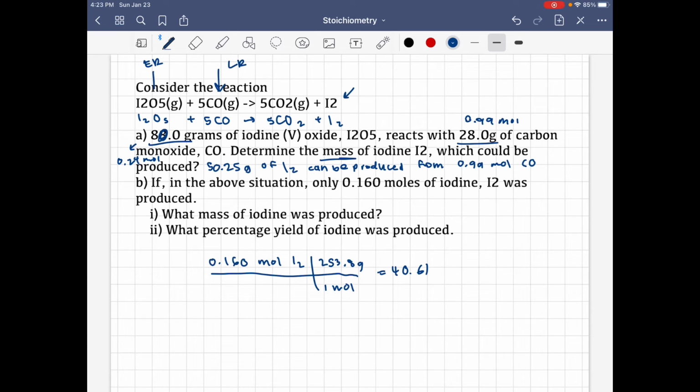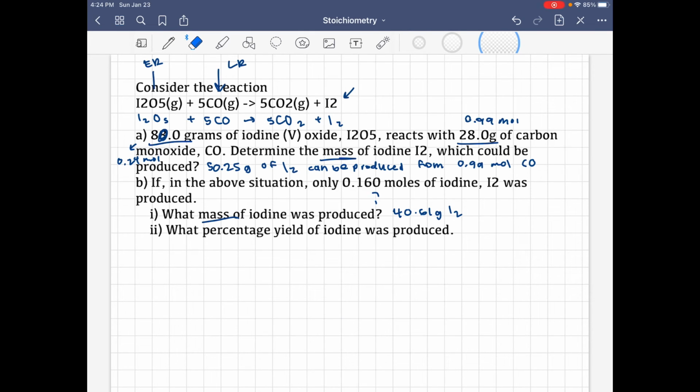Where I got 0.160 is from here. So that's the mass of iodine produced, because mass is always referring to grams. So 40.61 grams of iodine.